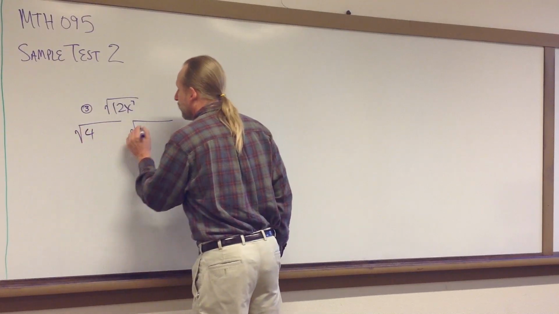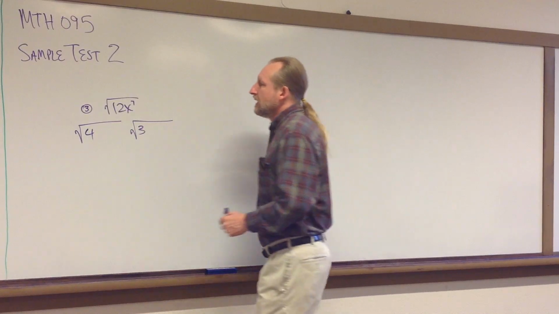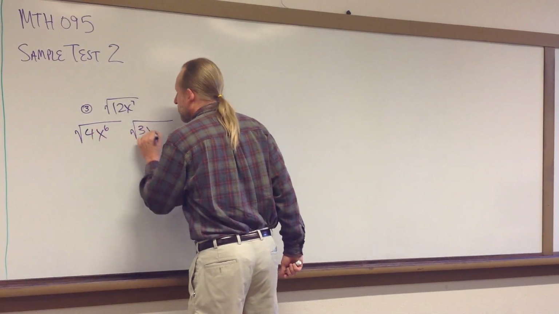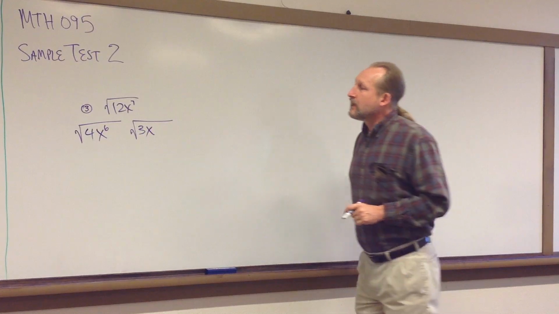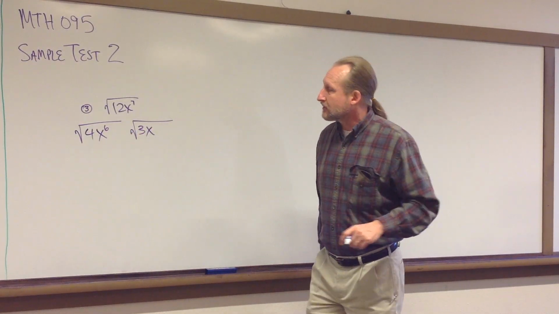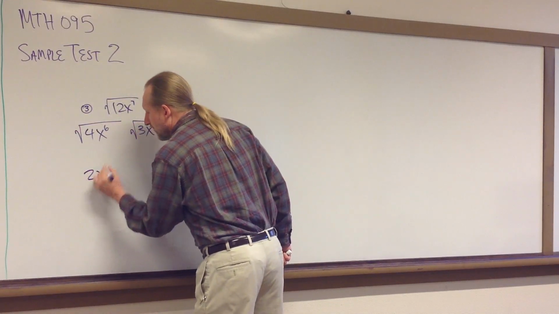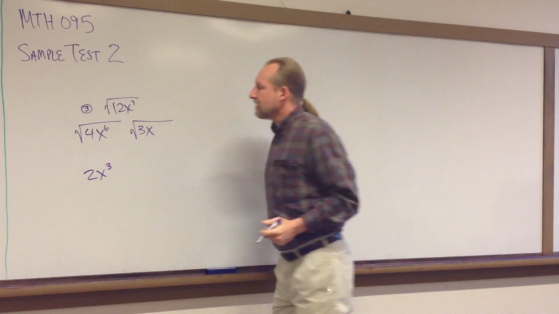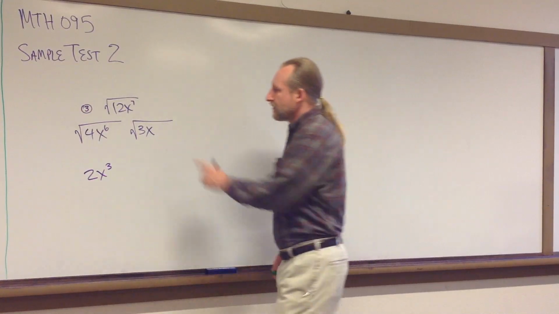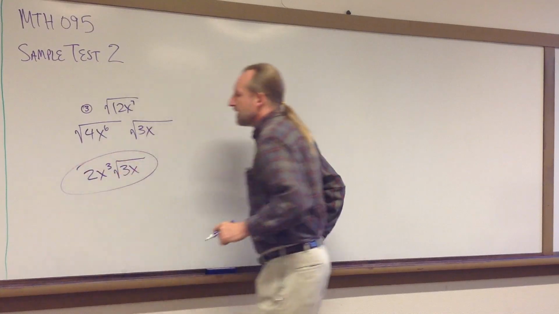So this will be a 4 times 3. The 4 is a perfect square, the 3 is not. And we can put x to the 6th here and x to the 1st there. The x to the 6th is a perfect square, but the x to the 1st is not. Now we're going to apply the square root, and so this will come outside of that radical as 2x to the 3rd. The square root 3x stays the way that it is.